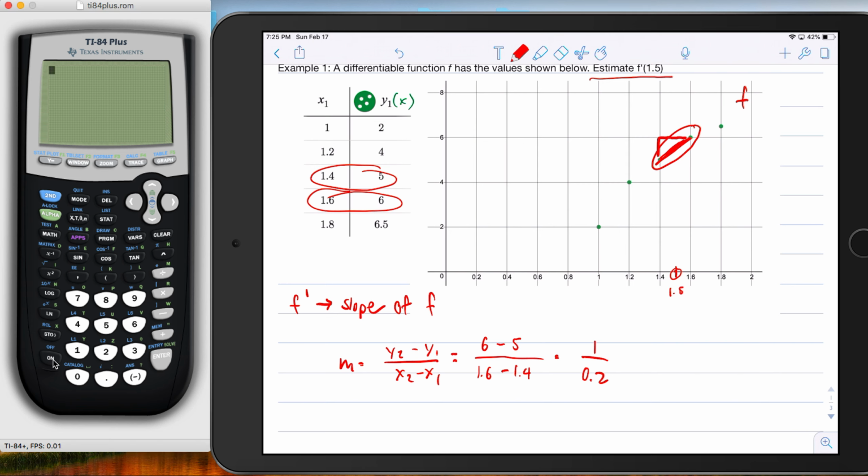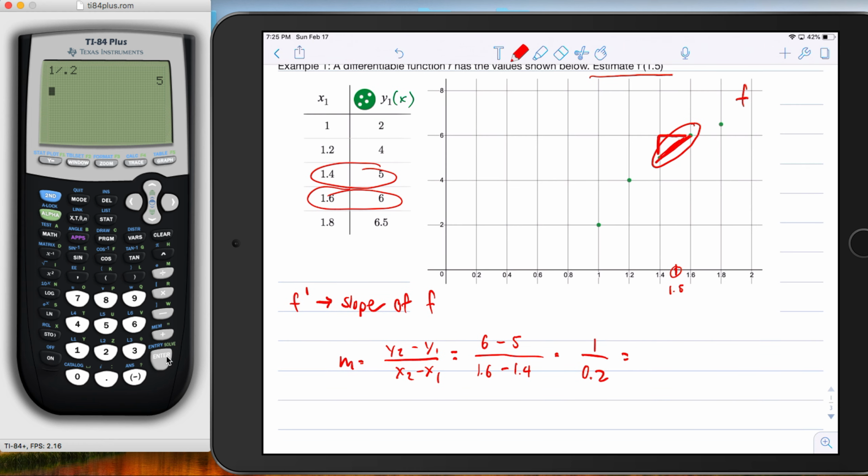Or some of you might have access to a calculator and might just think, oh, 1 divided by 0.2 is just going to be 5. And so you can say the answer is 5, which is the estimated slope at 1.5. And there you go. So that's the first example. Let's look at another one.